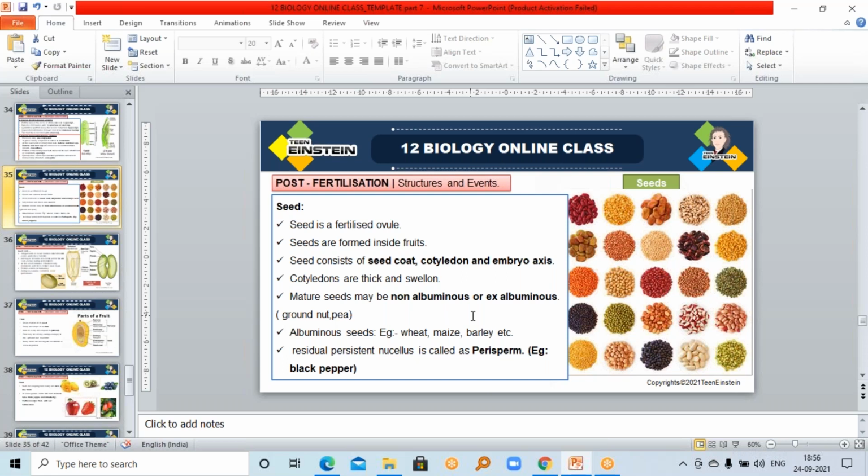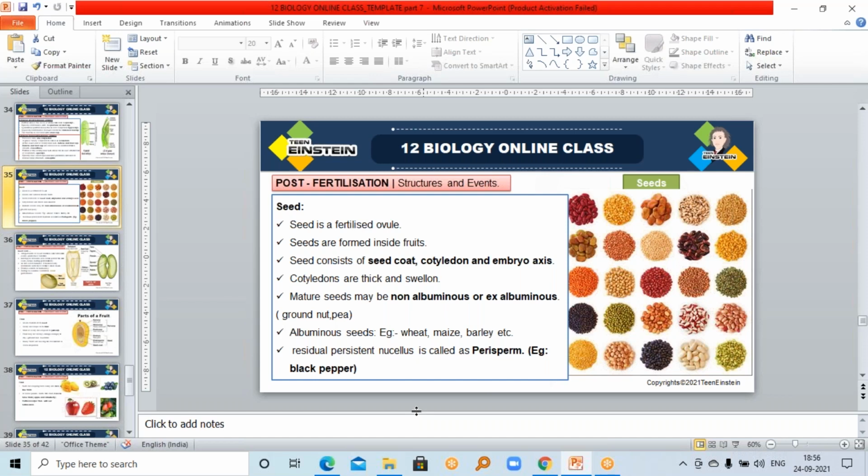And mature seeds may be non-albuminous or ex-albuminous, and albuminous seeds. Non-albuminous seeds mean there is no remaining endosperm.